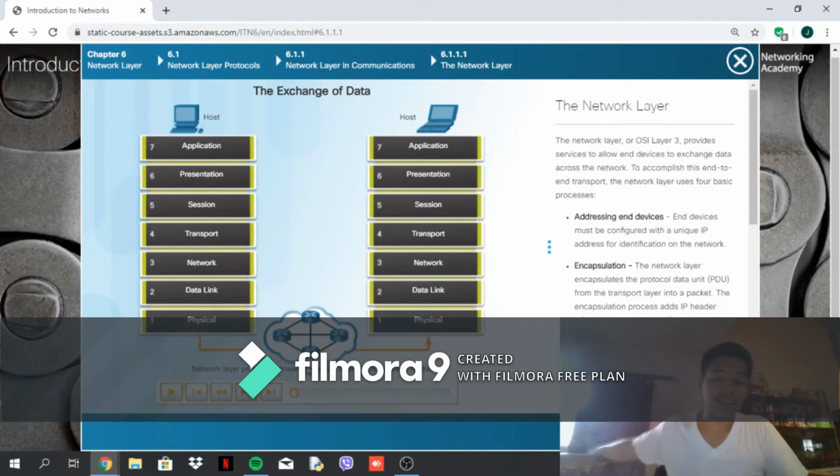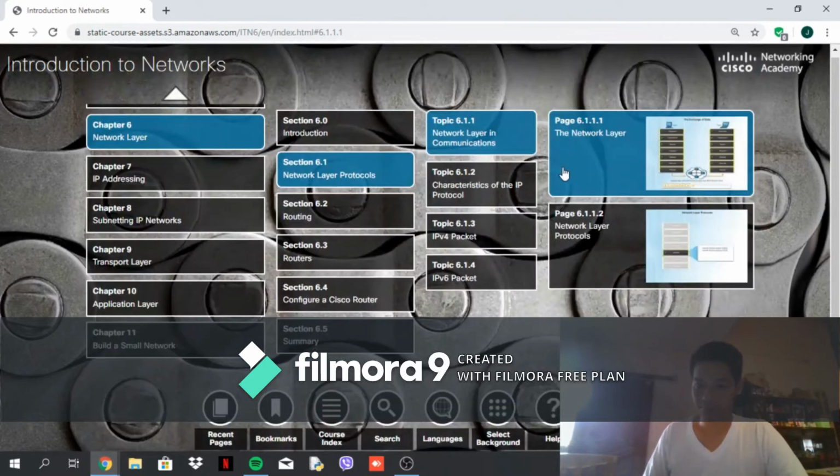We have different kinds of mediums. Every layer has its role or its process on how it breaks down the data, or in other terms, how they encapsulate and decapsulate.